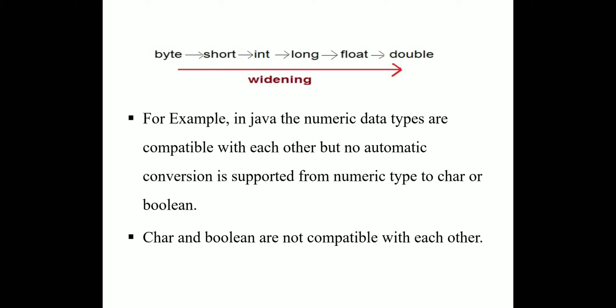For example, in Java, the numeric data types are compatible with each other, but no automatic conversion is supported from numeric data type to character or boolean. It means the integral data types are converted only with integral data types.